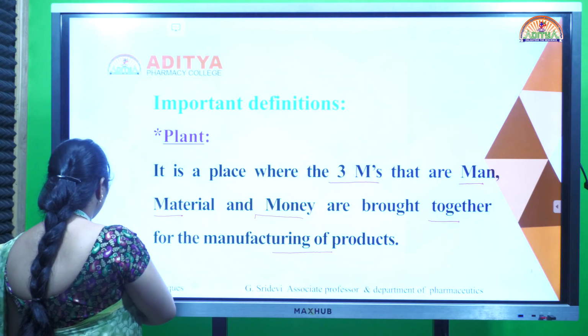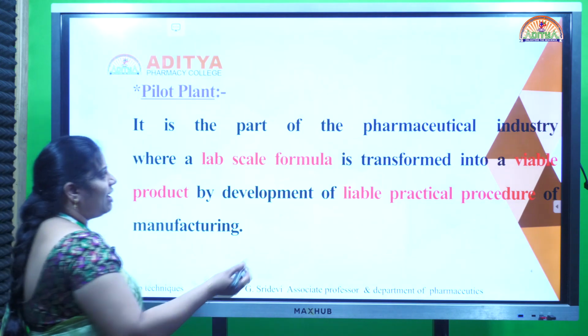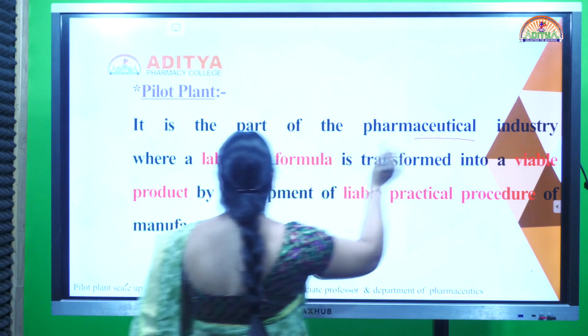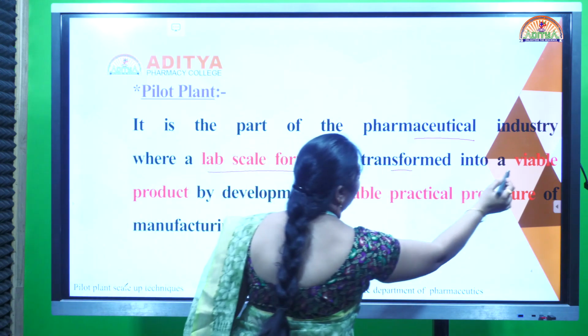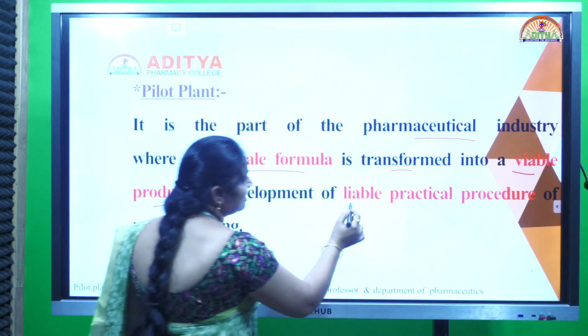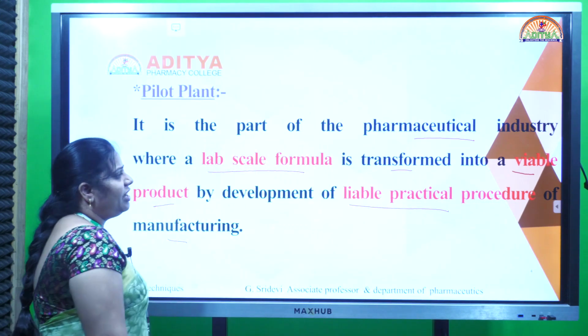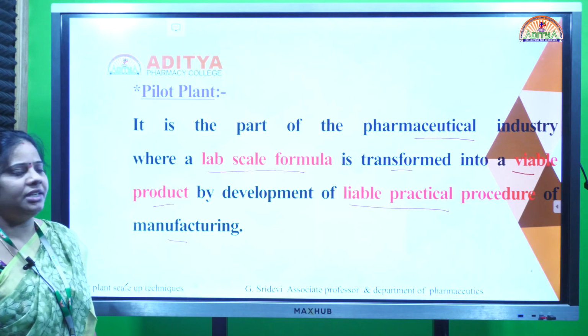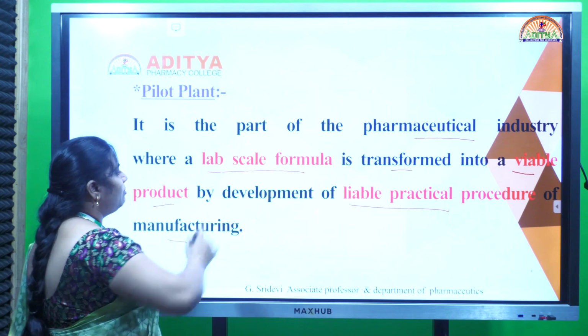Coming to the next one, the pilot plant. This is a pharmaceutical industry where the lab scale formula is transformed into a viable product by using some reliable practical processes of manufacturing. Different types of technologies are used for converting the lab scale formula into the viable product.